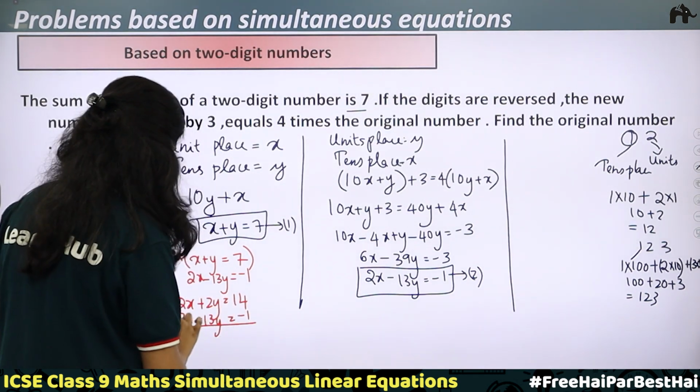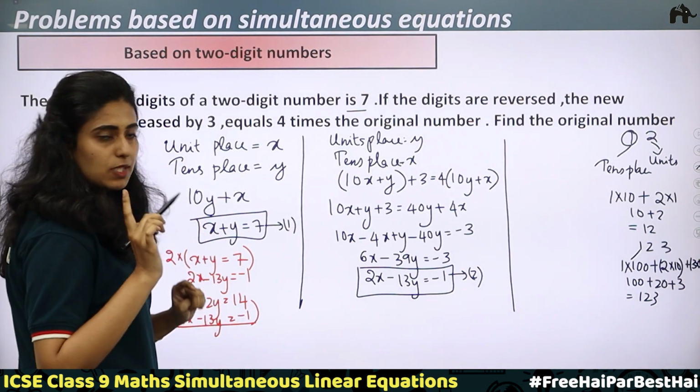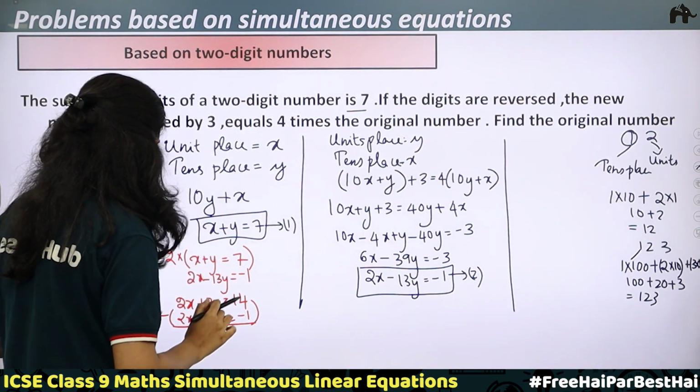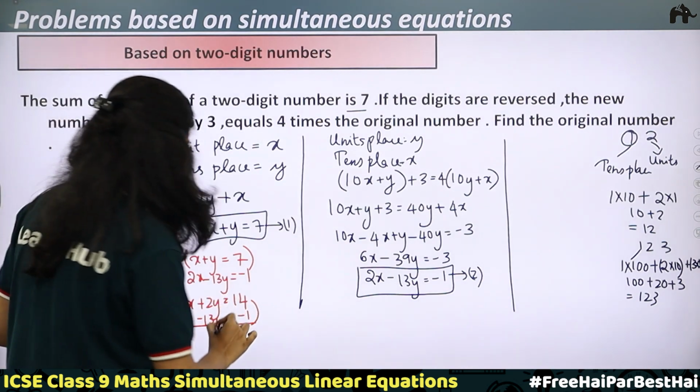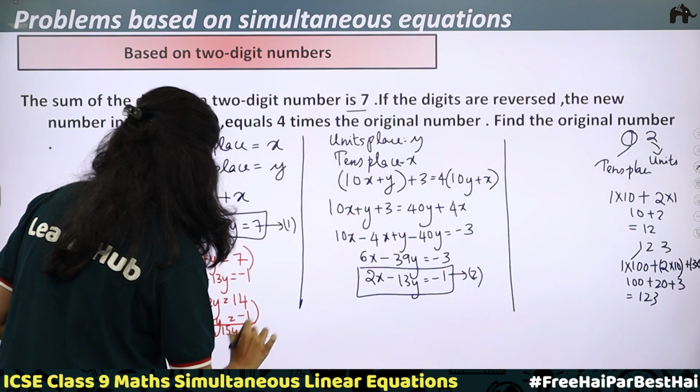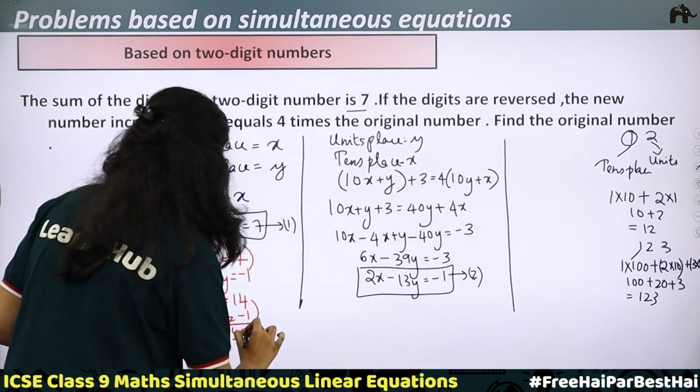Okay, you are subtracting the second equation from the first equation. 2x minus 2x becomes 0. 2y minus of minus 13y, 2y plus 13y, which is 15y, is equal to 14 minus of minus 1, 14 plus 1, which is 15.